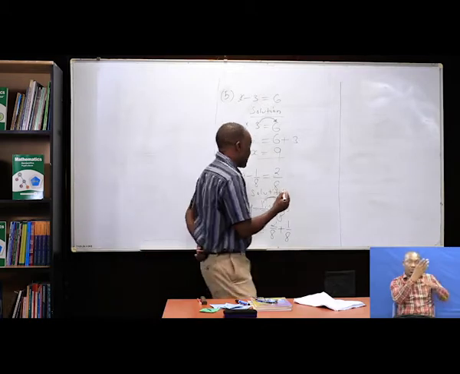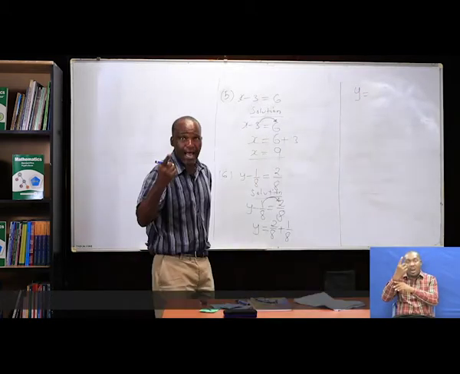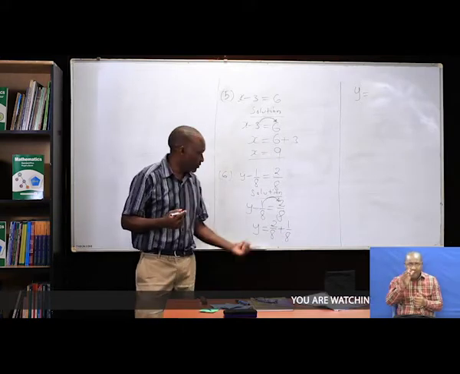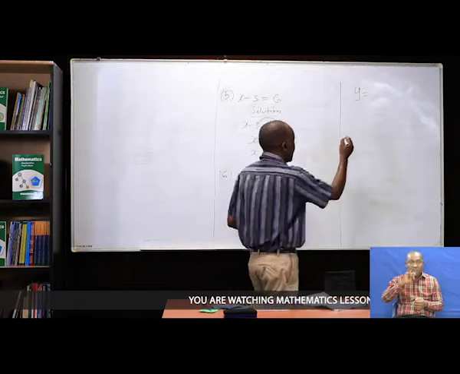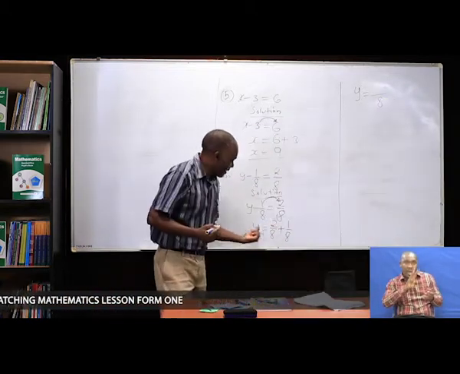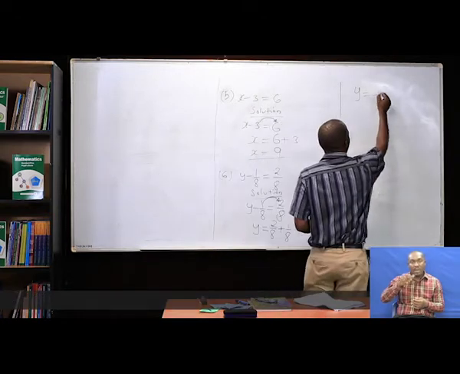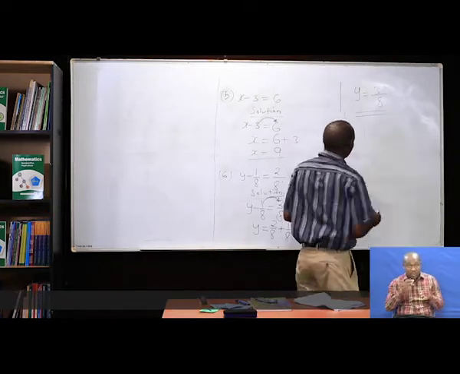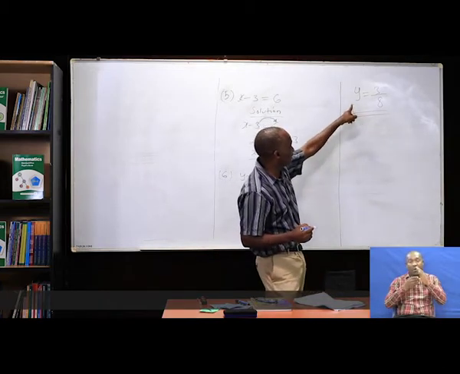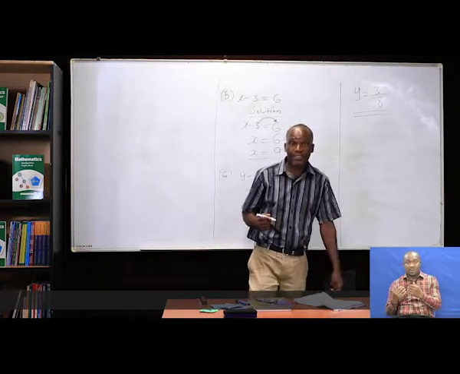I think you still remember about adding fractions of the same denominators. You just take the denominator here, which is 8, and then you add the numerators, 2 + 1, which is 3. So the equation has already been solved. The variable y is on the left-hand side and alone, so the answer is 3/8.